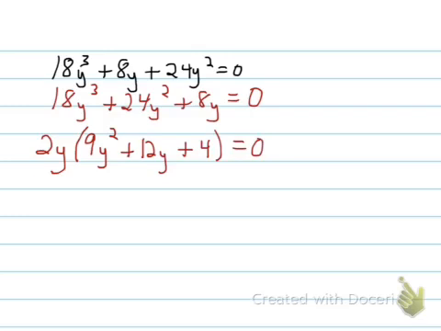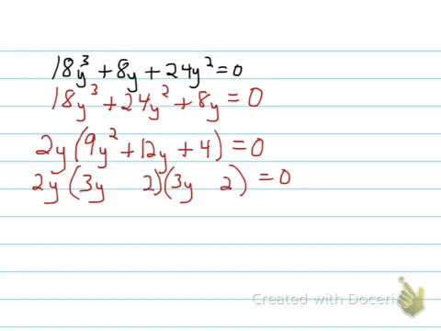Now, you've got to still keep your 2y, but now see if this will factor. And you should see that this could go, well, it would probably take a while for you to play with it, but that would give me 9y squared. And if you did 2 and 2 here, you would have the same thing.